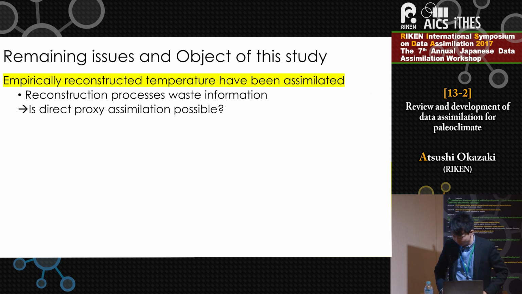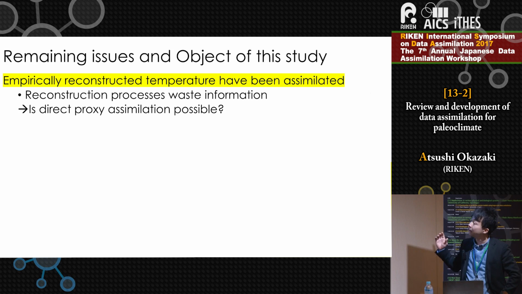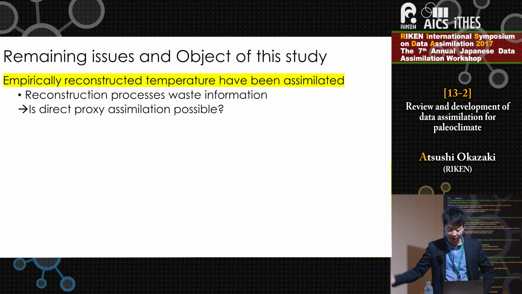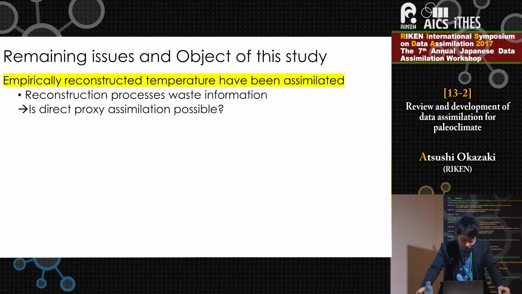So as we saw, the problems are in assimilating time-averaged data and in assimilating proxies. Now we know how to assimilate time-averaged data, so the remaining issue is how to assimilate proxies. As we saw, the reconstruction process wastes information, so we do not want to rely on it.